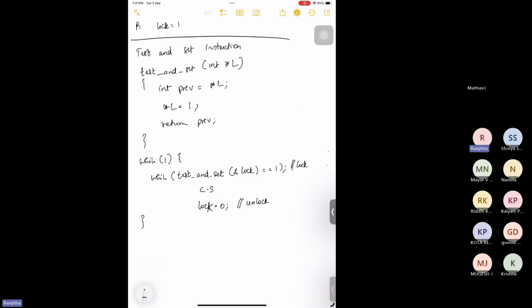This is how this particular test and set instruction will be used before entering the critical section. So let me explain it. There is this memory location here.